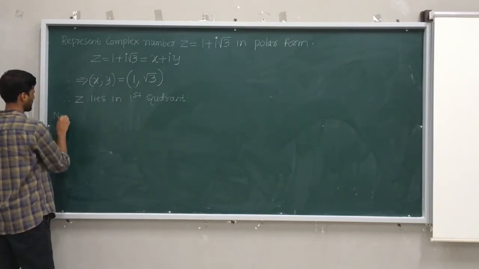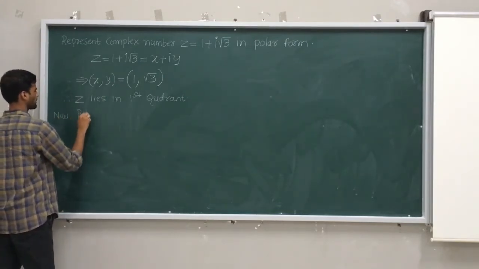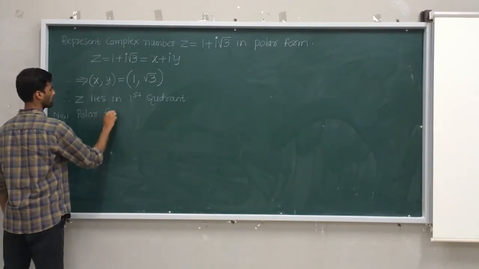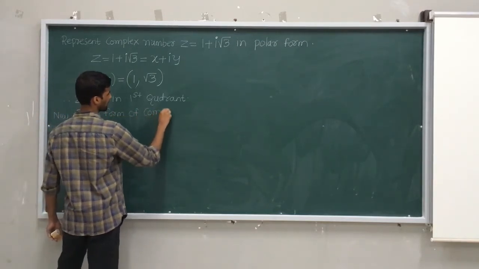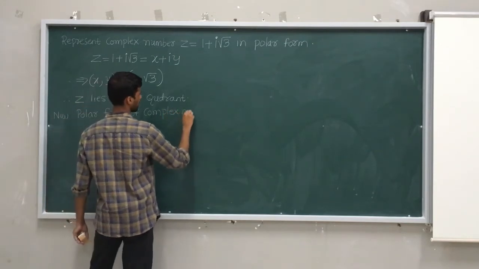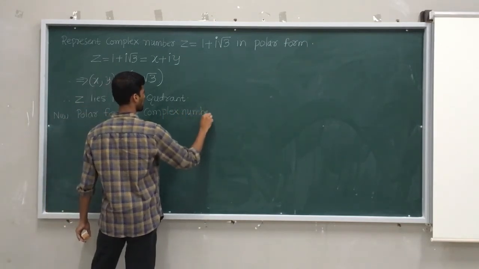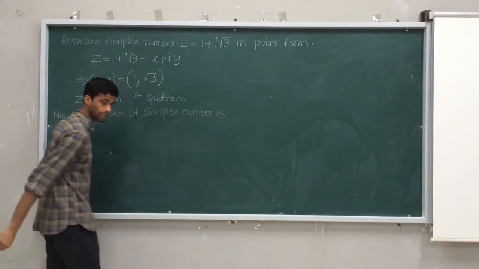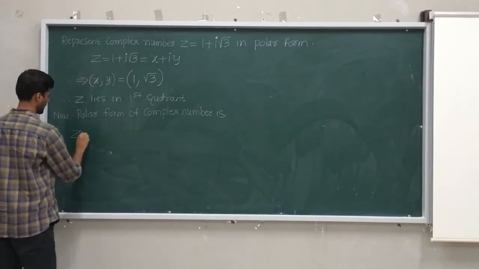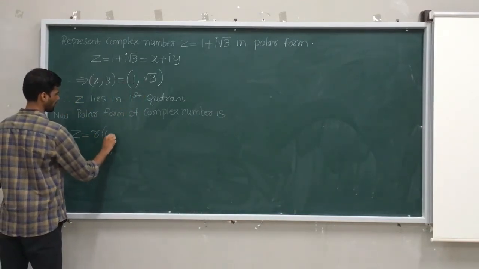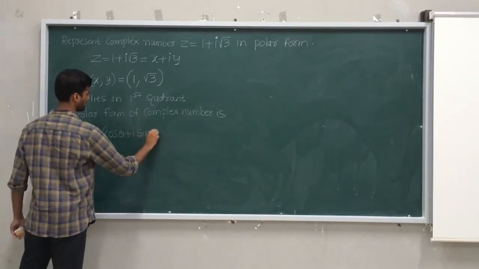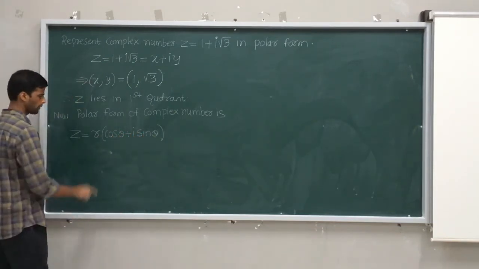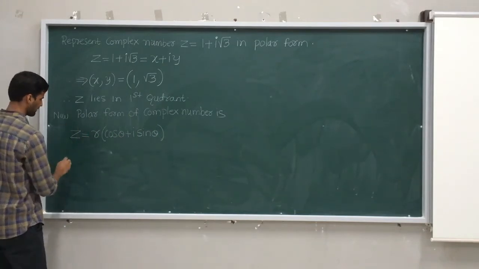Now, the polar form of a complex number, what is the polar form? z equal to r times cos theta plus i sin theta, right? Now I want r as well as theta.